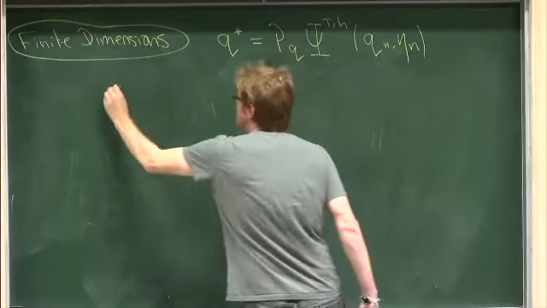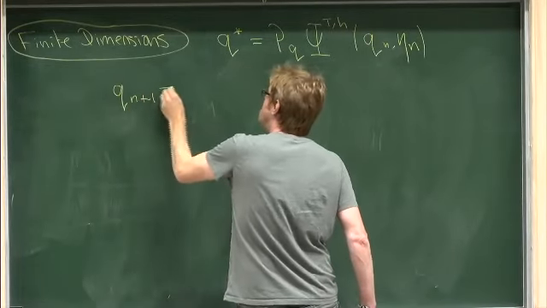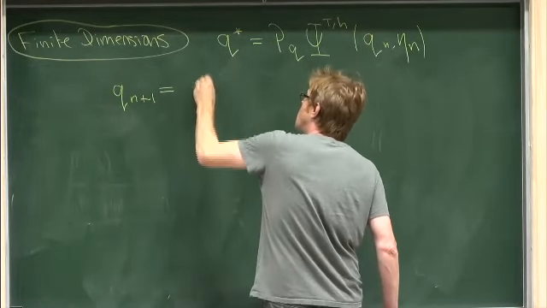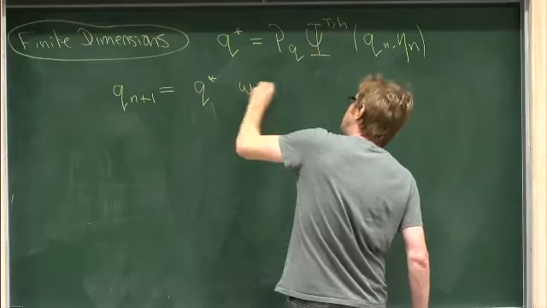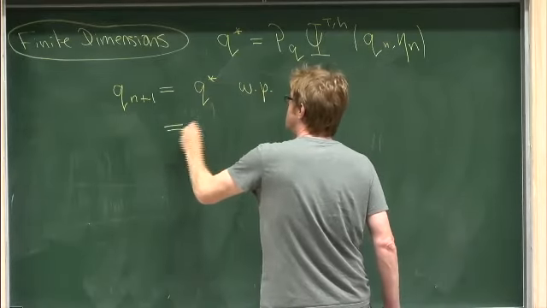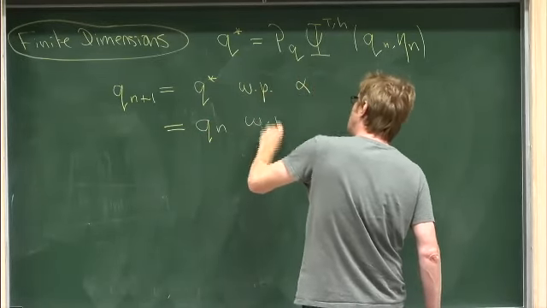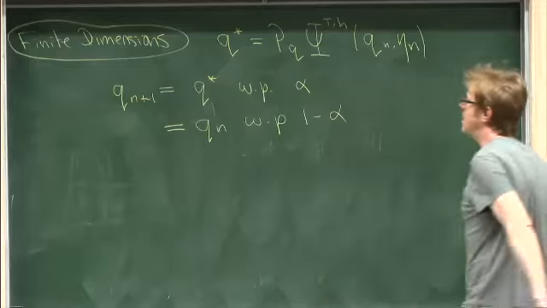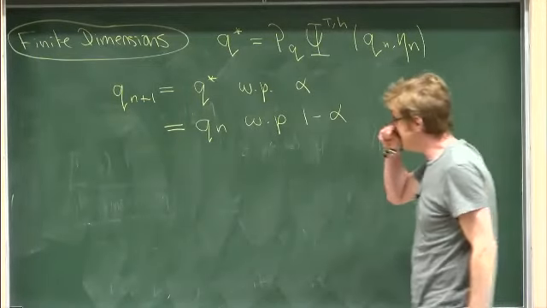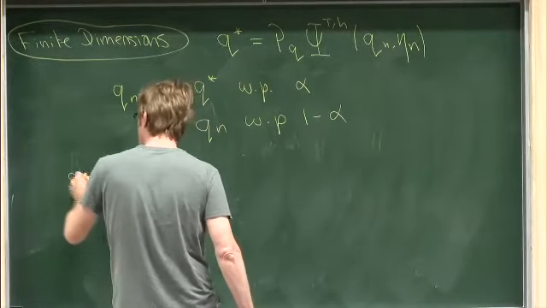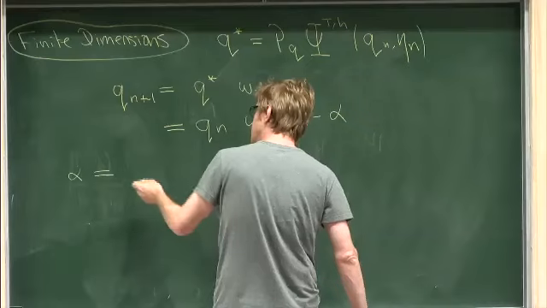And you would then take Q_{n+1} to be equal to Q star with probability alpha, and stay where you are with probability 1 minus alpha.